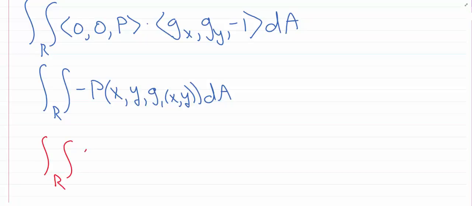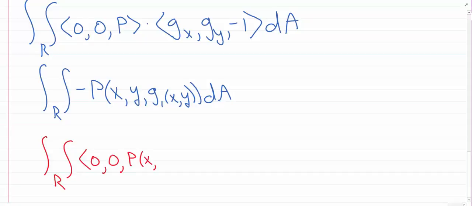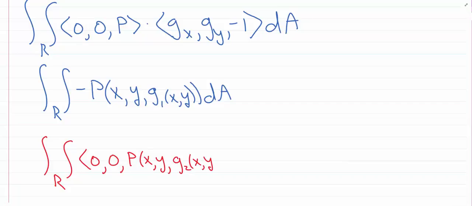I'm going to have 0, 0, p of x, y, g2 of xy, and I'm dotting that with negative gx, negative gy, and 1.